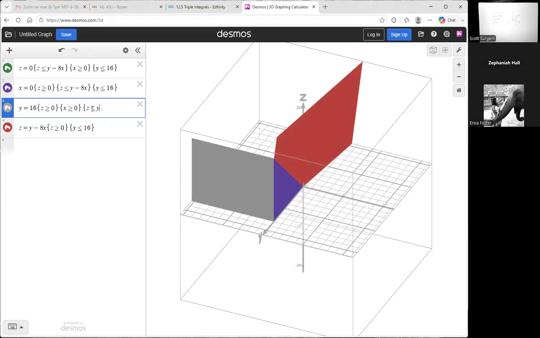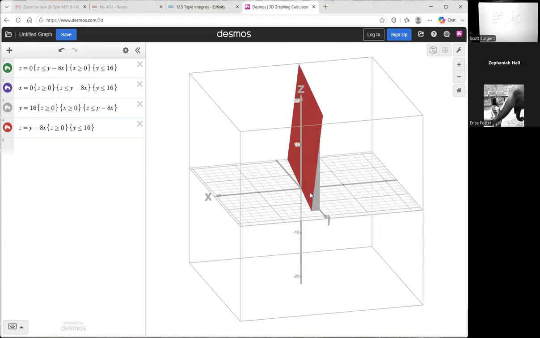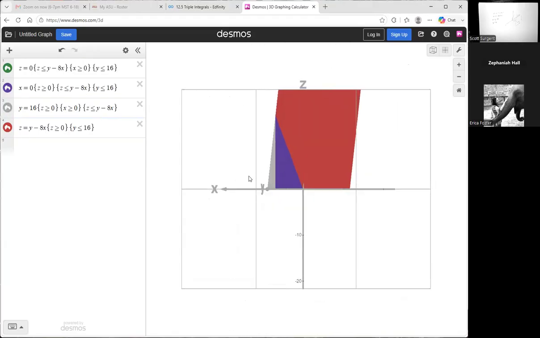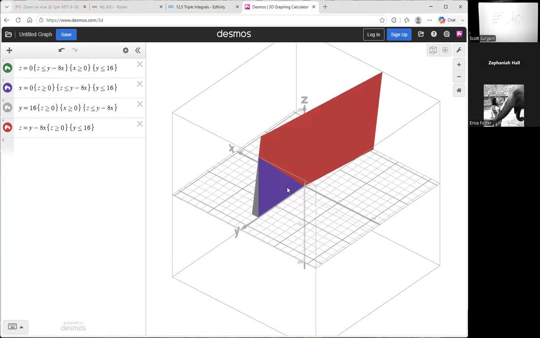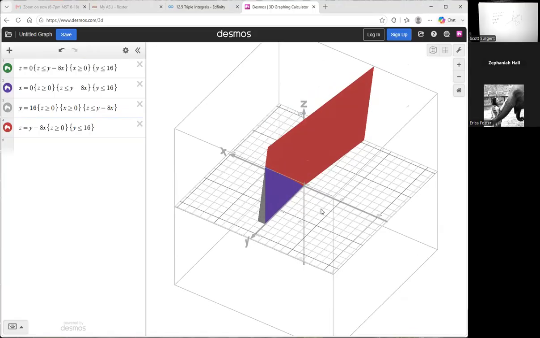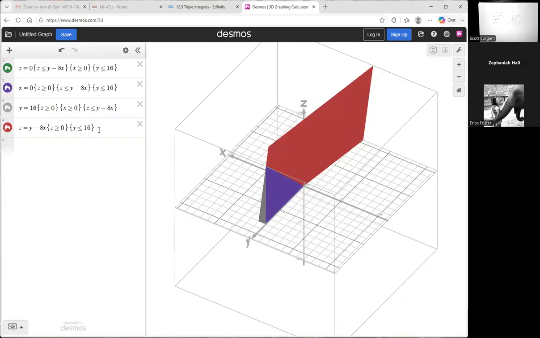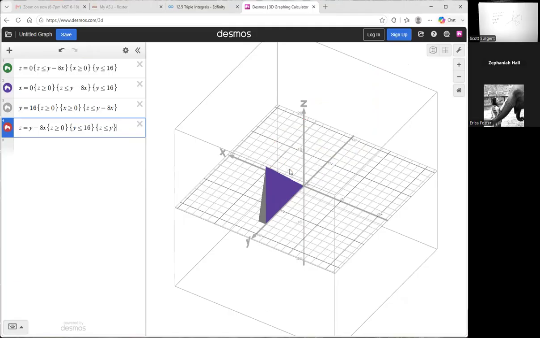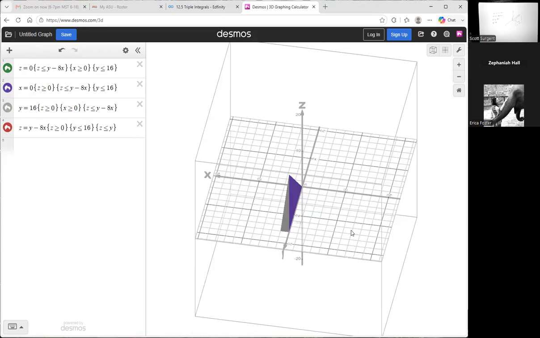Is it because we don't have an X bound yet for the Z part? No, it's just I haven't figured it out yet. Okay, we've got the shape. If you can ignore this big red sheet, the red sheet is the Z, and it's going to be everything. Oh, you know what? It's going to be less than Y. So, I finally got it. All right. Oh my gosh.